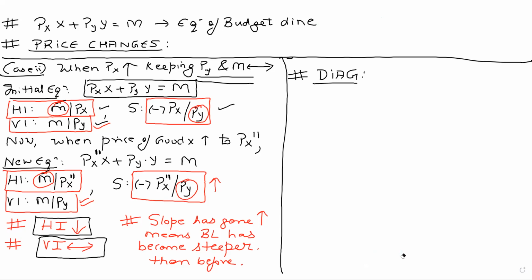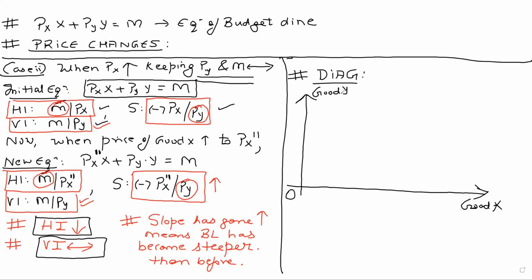Okay, so let us look at the case when the price of good X has gone up. Good X is measured on the horizontal axis. Good Y is measured on the vertical axis. Initial budget line, we have horizontal intercept M by Px, vertical intercept M by Py.